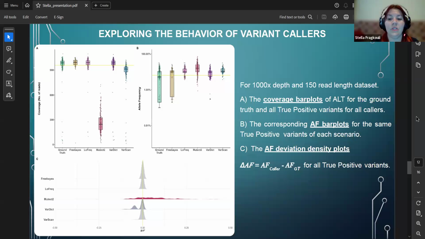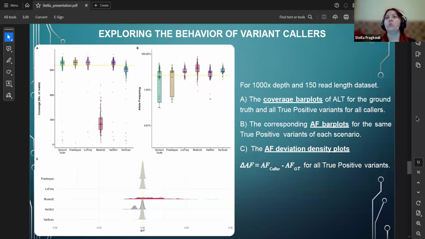The density plot is there because we wanted to see not only what variants were detected, but also how much. For example, if a variant was present in the ground truth at, let's say, 30%, we want to check if it was detected by the algorithm, and how much off or not off it was.